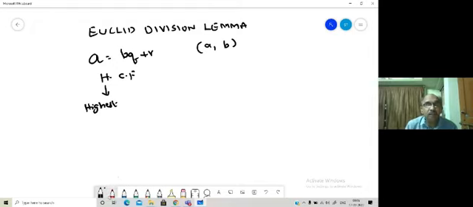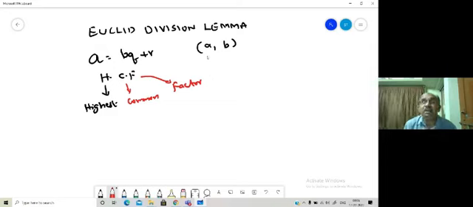Let A and B be positive integers; only then can you find the HCF.